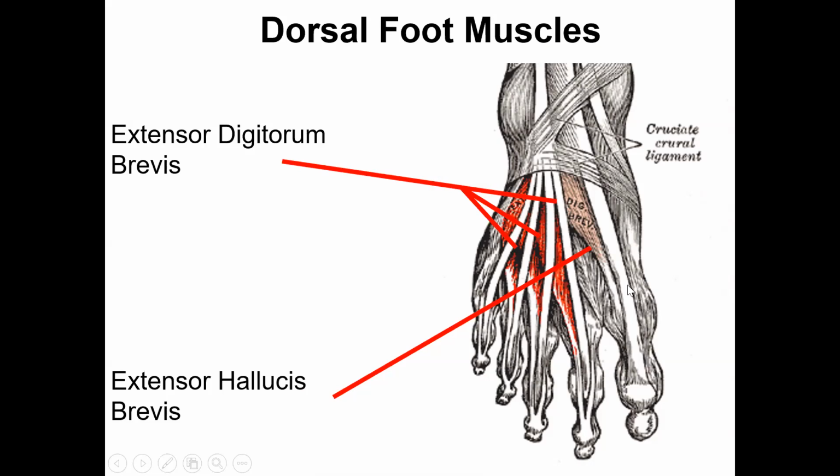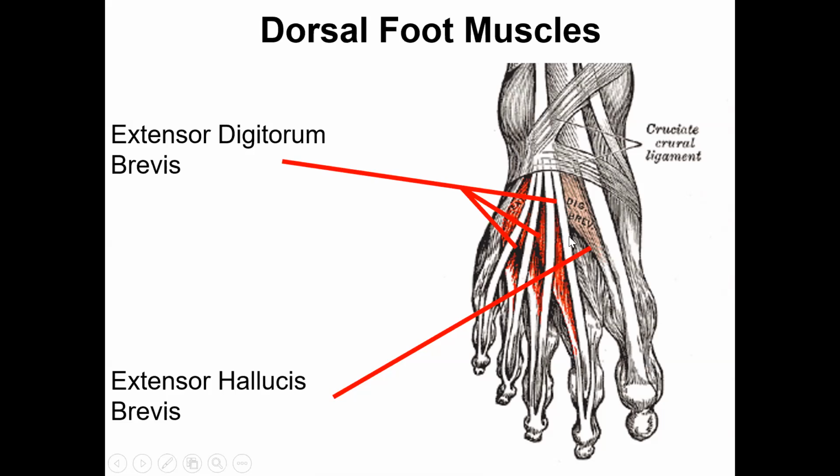Let's talk about some of the muscles of the foot. So whereas we saw the digitorum longus muscles in the leg itself, in the foot, we're going to see the digitorum brevis version of these muscles.